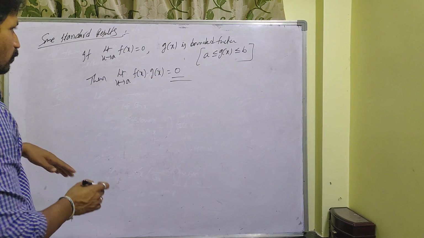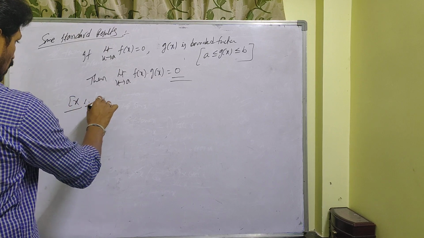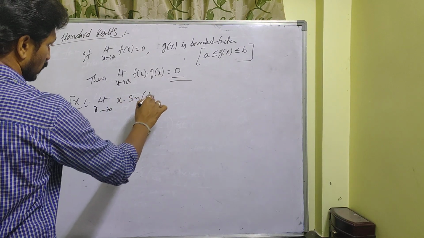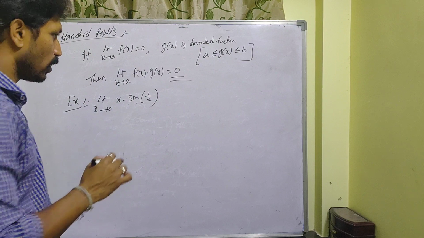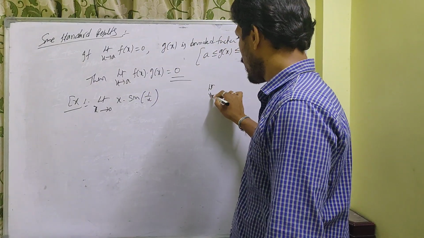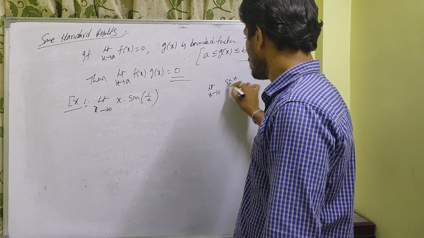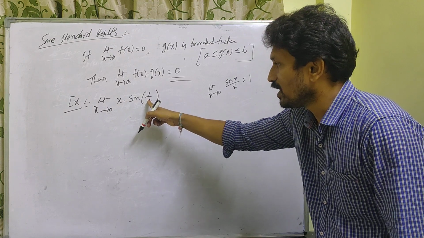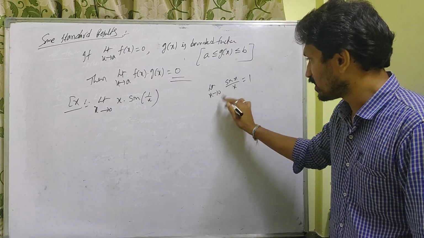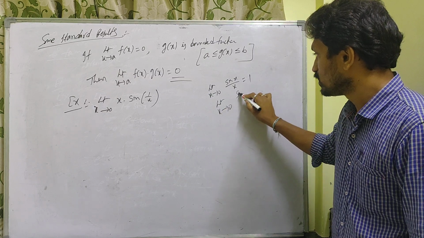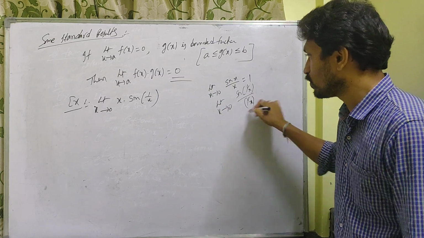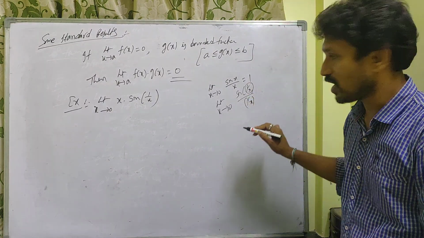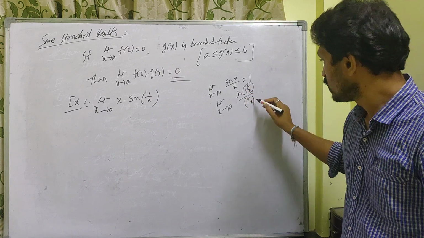Based on this, see one example: limit x tends to 0 of x into sine of 1 by x. Generally you may have one doubt. Already I gave limit x tends to 0 of sine x by x is equal to 1. Here it is sine of 1 by x, so if you want to write like this, you can write x as 1 by x. But here as x tends to 0, 1 by x tends to infinite, and here also infinite.